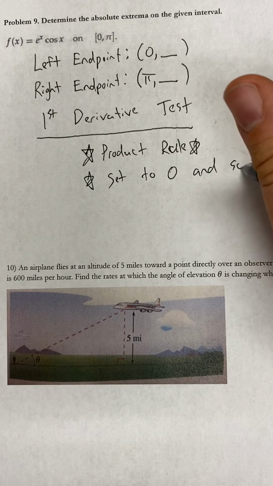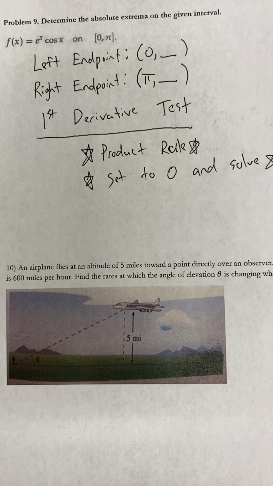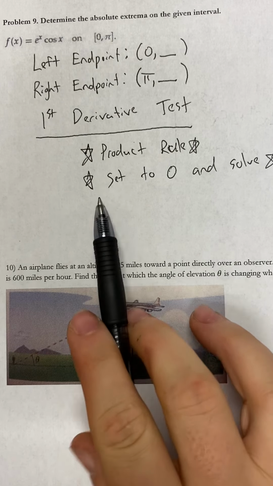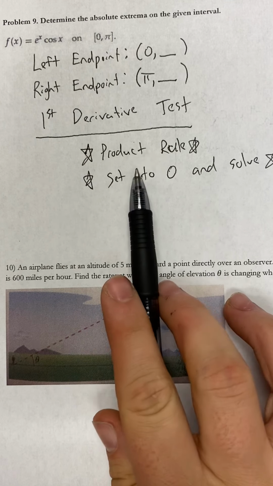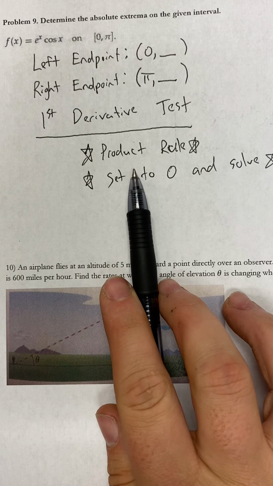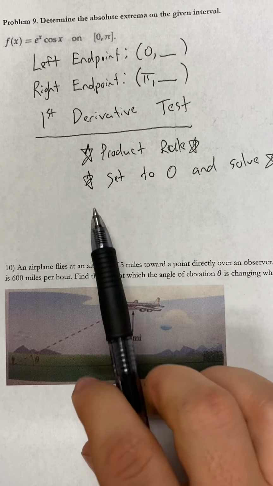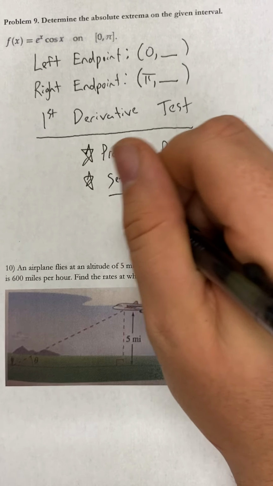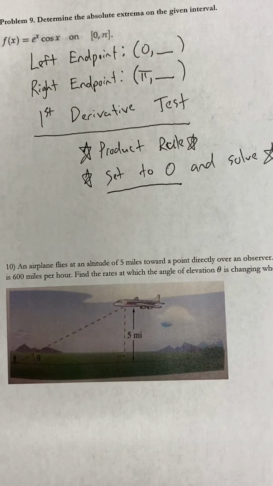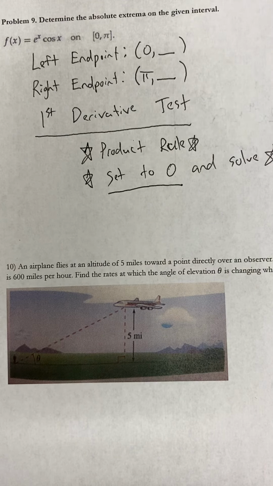Now when you set this to 0 and solve, you want to factor out the exponential. So you'll have 2 terms when you use your product rule. Both of them will have an e to the x. You can factor that out, and from there think about when this equation would be 0. That will give you your extrema in the middle of the endpoints.